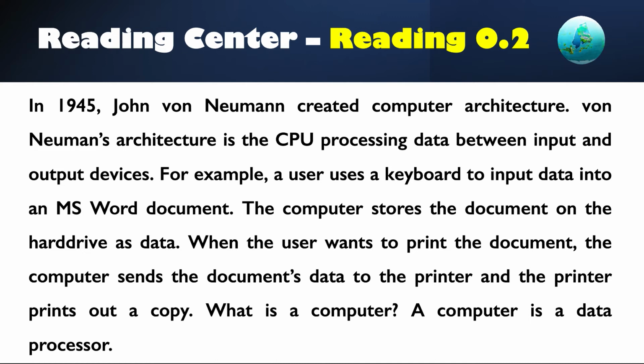The computer stores the document on the hard drive as data. When the user wants to print the document, the computer sends the document's data to the printer, and the printer prints out a copy. What is a computer? A computer is a data processor.